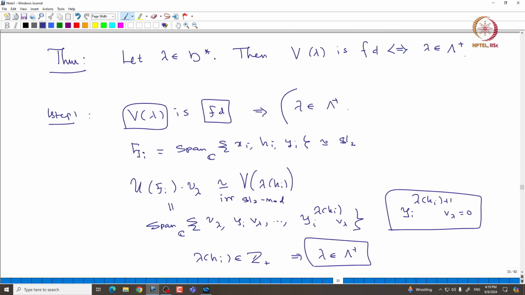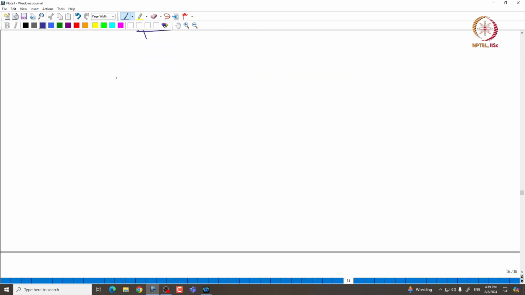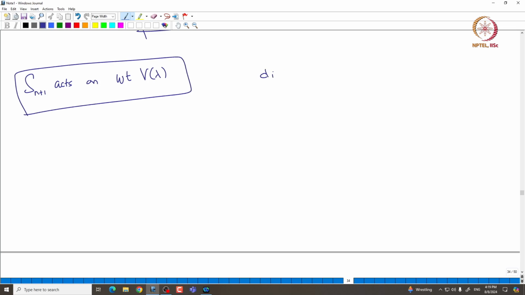That is why this lambda must be dominant, and we also have the following observations. If you take the weights of V of lambda, then the Weyl group S_{n+1} acts on them. Not only that, the dimension of V of lambda mu will be the same as the dimension of V of lambda w mu, for all w in S_{n+1} and mu in the weights of V of lambda.